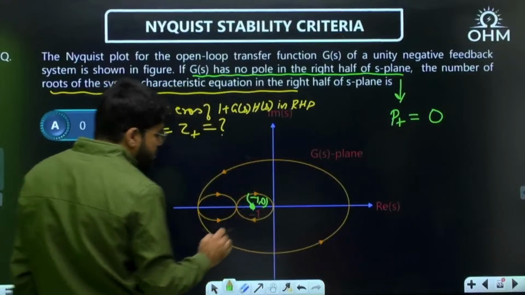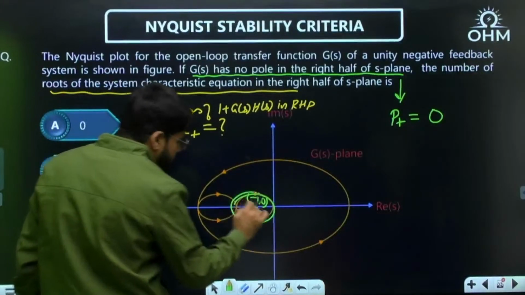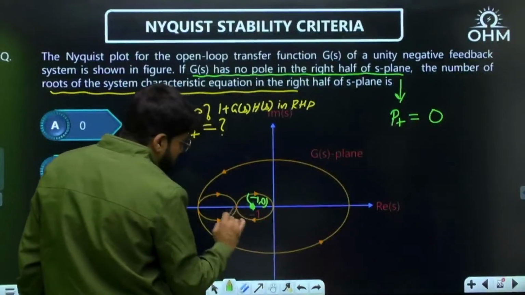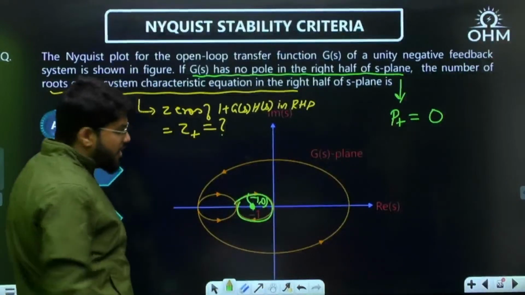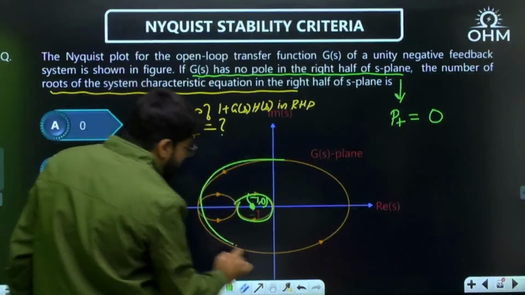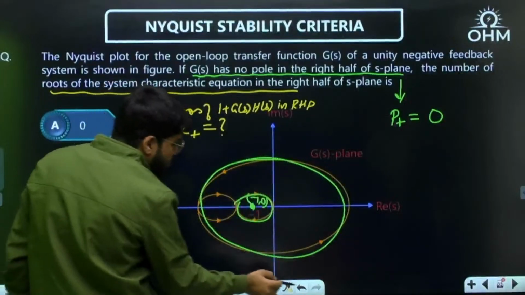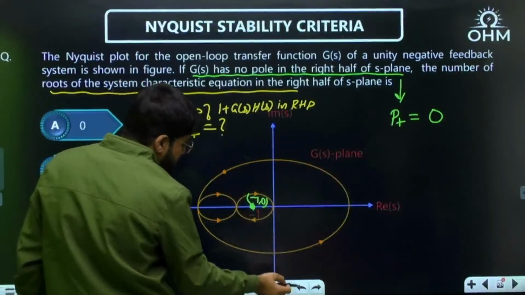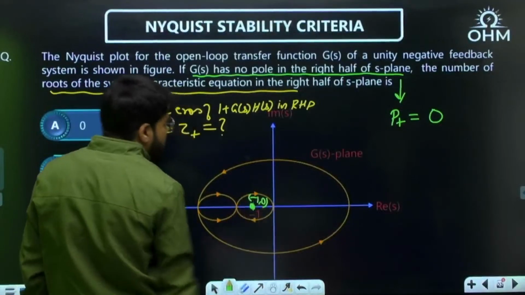Now see the encirclements of this point. One encirclement, very clearly in the clockwise direction, by the inner loop. One more encirclement, but in the anti-clockwise direction, by the outer loop. There are two loops moving around this point.